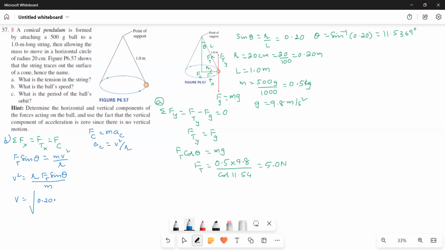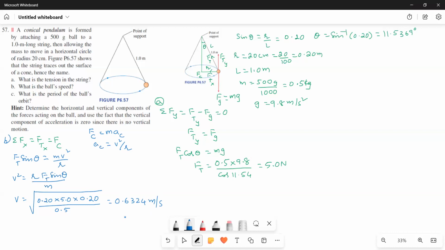And then Ft is 5 newtons, and then sine theta is equal to 0.2, divided by mass is equal to 0.5 kilograms. Okay, this gives a value of 0.6324 meters per second.